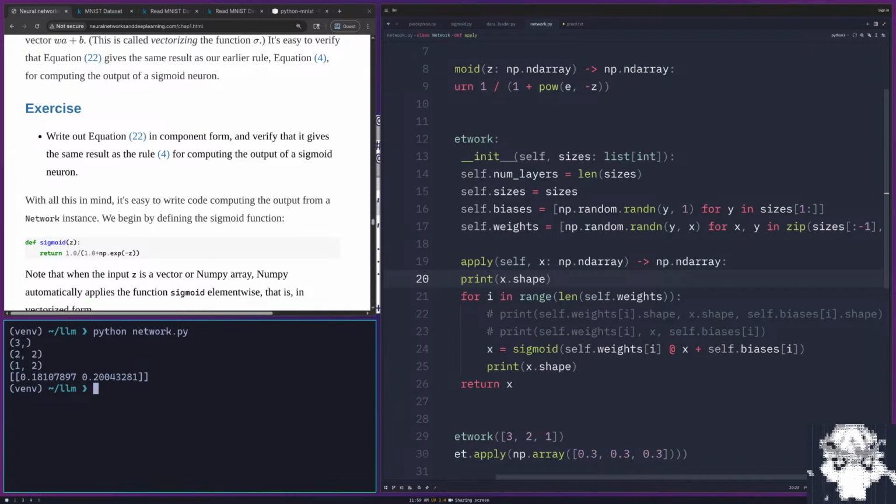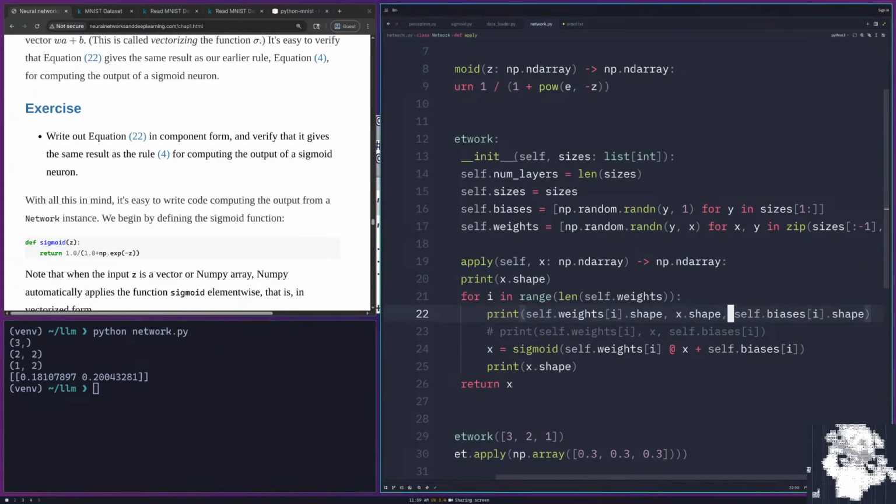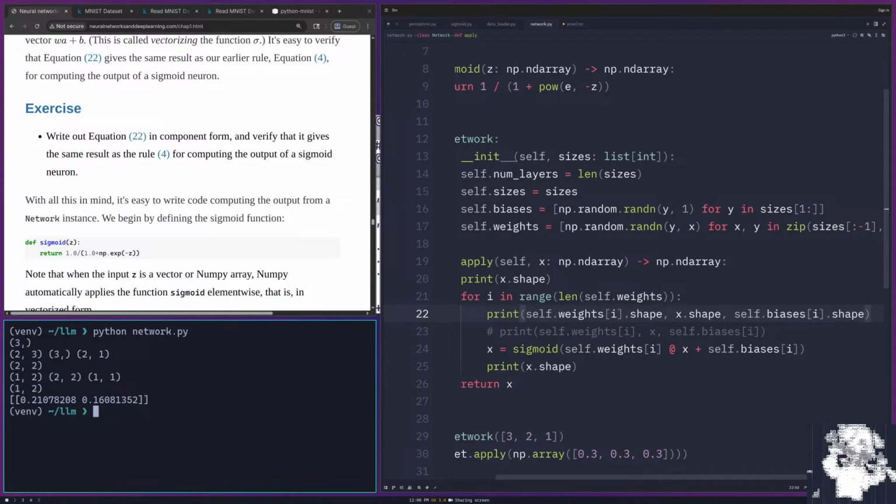We end with 1 by 2. So x starts as 3 by 1, and then it becomes 2 by 2, which is wrong, and then it becomes 1 by 2, which is wrong. It should always be a vector. So where does it lose its shape? This should be 2 by 1 plus 2 by 1 should be 2 by 1, but it's ending up as 2 by 2.